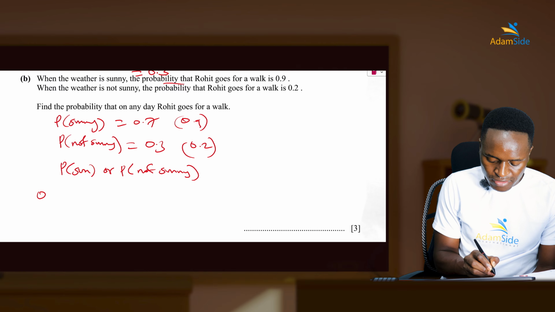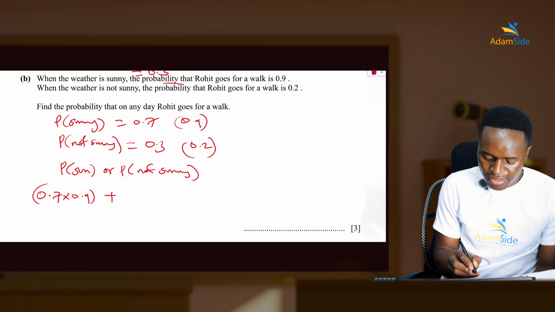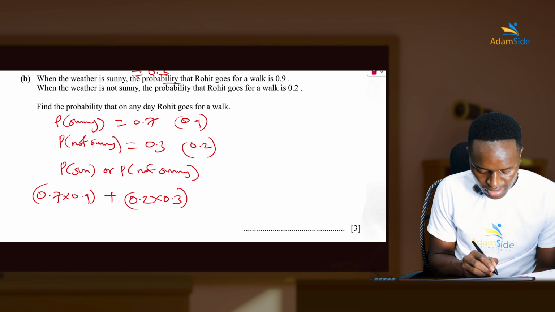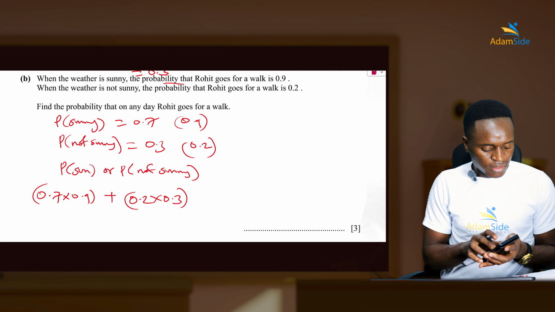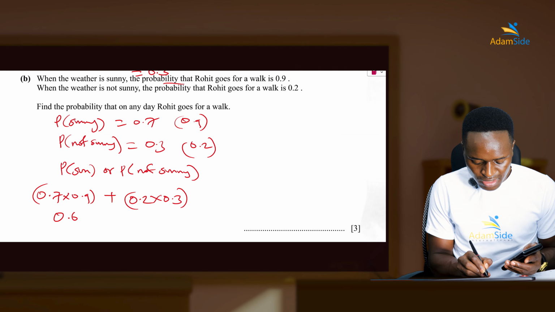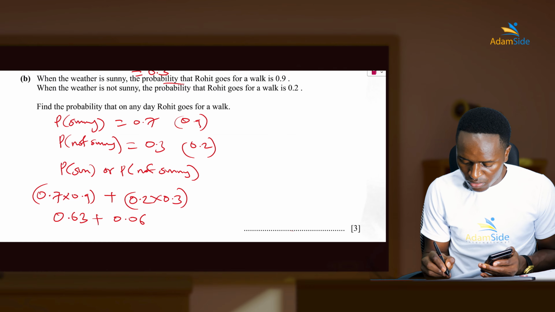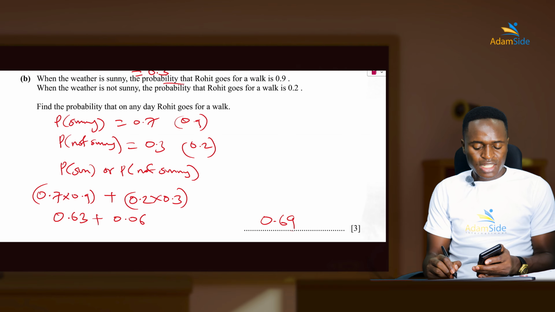You take 0.7 times 0.9 plus 0.2 times the probability of it not being sunny. Correct. So 0.7 times 0.9 gives you 0.63, plus 0.06. When you add the two, you get 0.69. Correct. That's what you get.